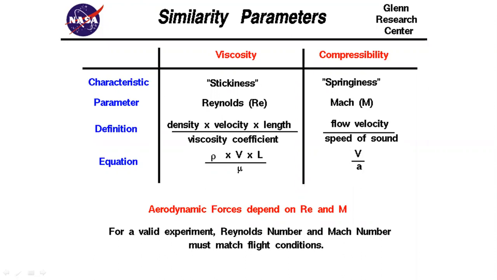How can we change the speed of sound? Speed of sound is related to ambient air temperature. When you increase or reduce temperature, cold or hot gases, cold or hot air, they all have different speed of sound and different Mach number. In the case of density and viscosity, you can change not only temperature, you can also change pressure.